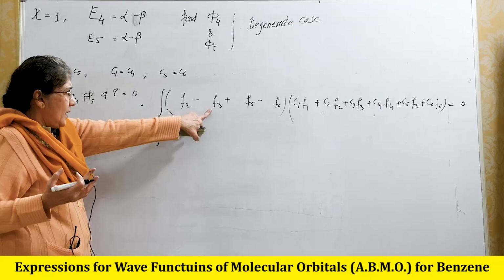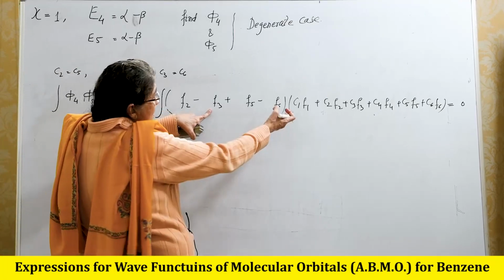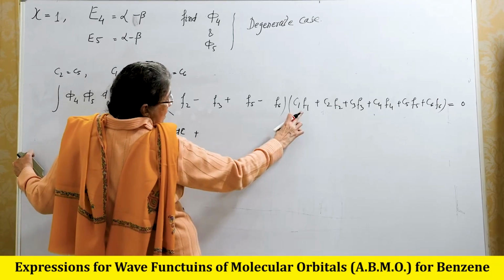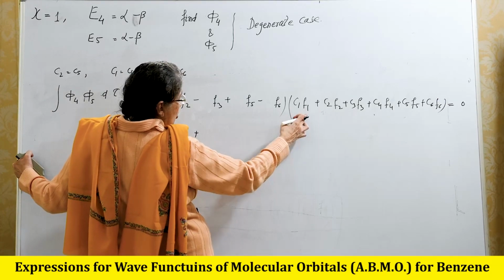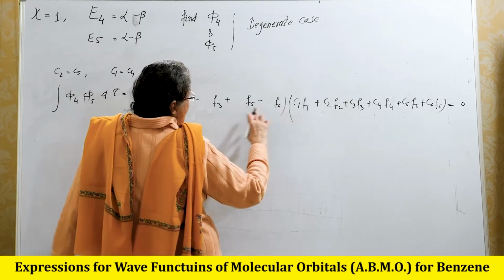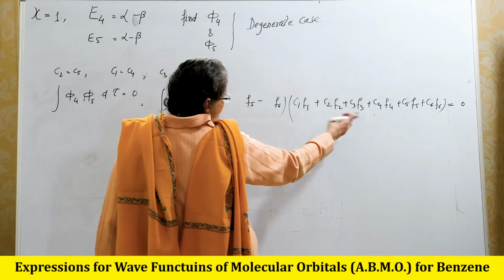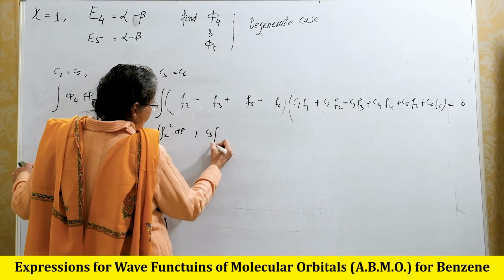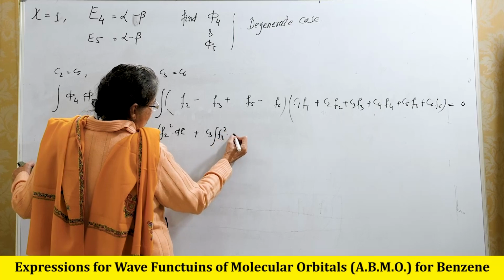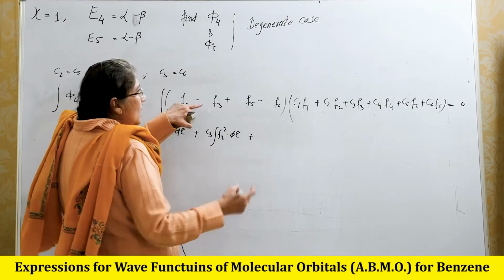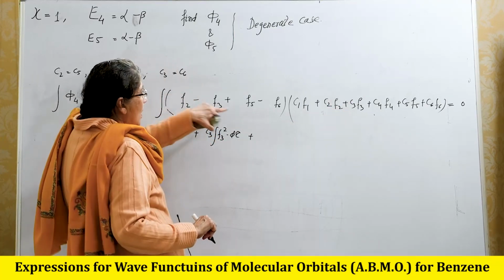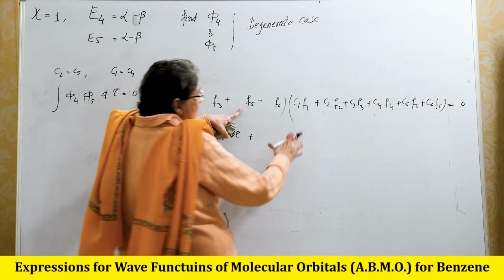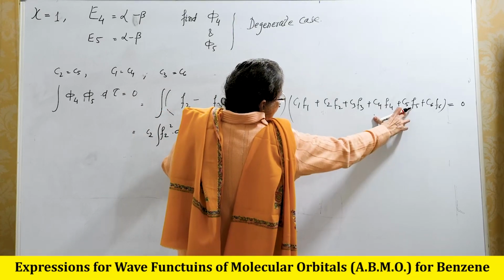Now we take minus F3. F3 with F1 is orthogonal, 0, and F3 with F2 is orthogonal, so we get minus C3 F3 square d tau, and the others will be orthogonal. F5 will be orthogonal with the other orbitals except F5.